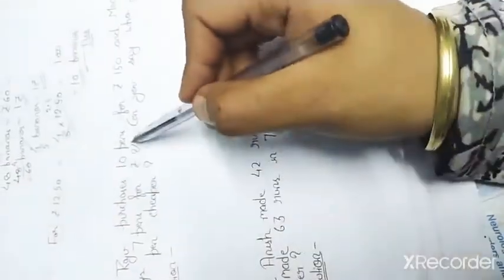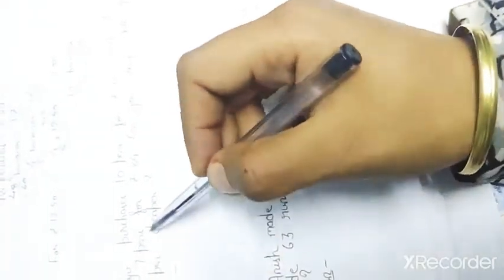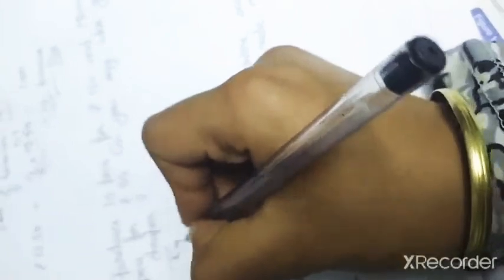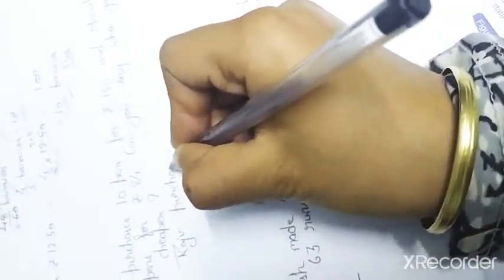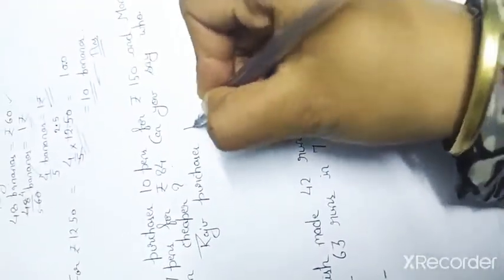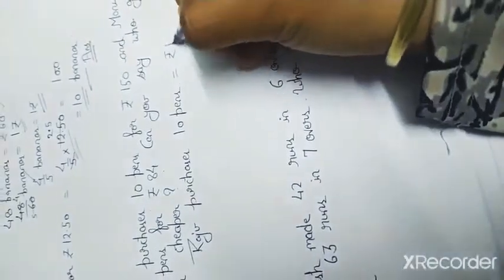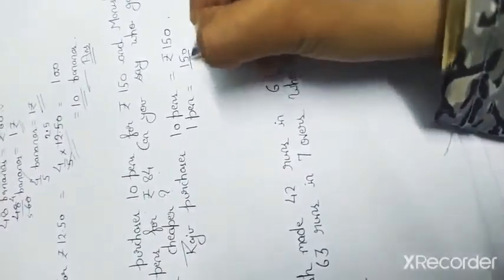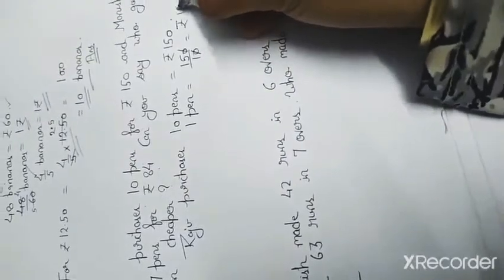Raju purchases 10 pens for rupees 150 and Manish buys 7 pens for rupees 84. So, Raju purchases 10 pens for rupees 150. Okay. So, 1 pen will cost 150 by 10. So, it will be rupees 15.